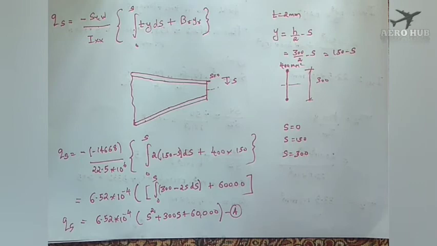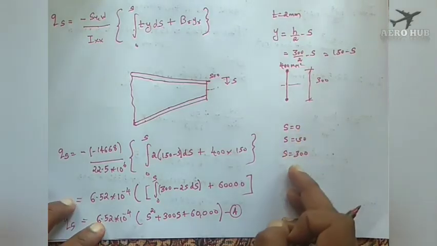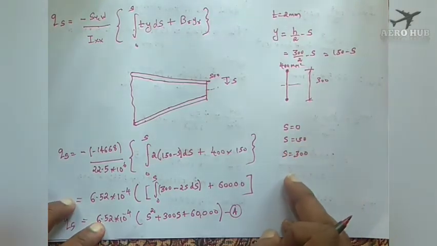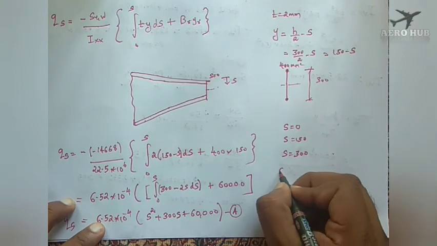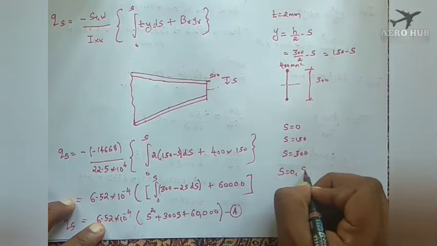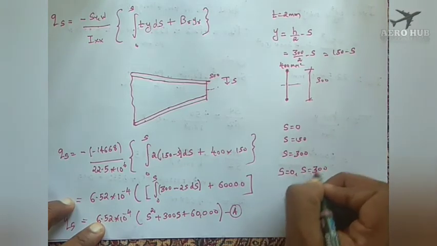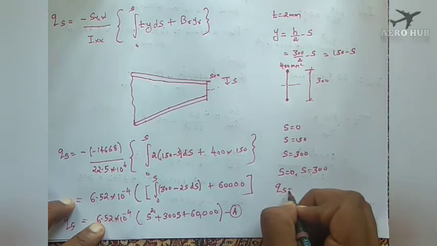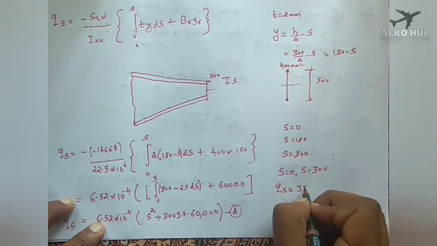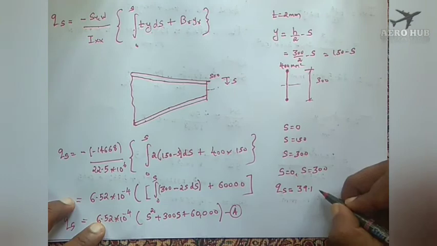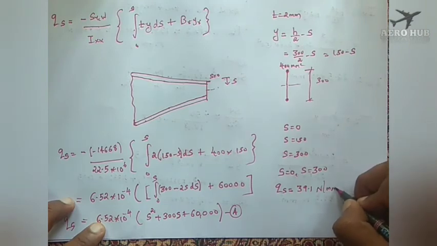When I put s equal to 0 and s equal to 300, the value of shear flow will always be the same. I get the value of qs as 39.1 Newton per millimeter.